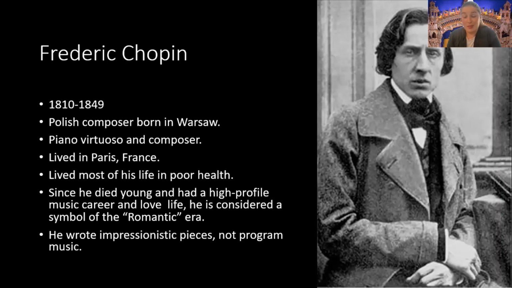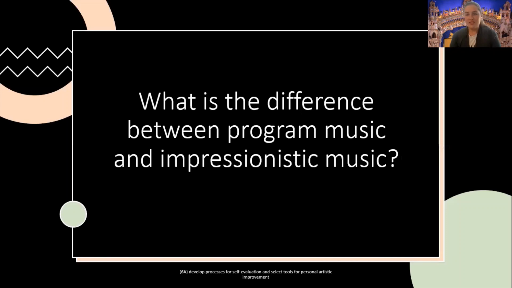That's program music, where even though the music has no words, it is meant to invoke a very specific picture. Impressionistic music was meant to give you the impression of, or the feeling of, or the idea of something, not literal. Tell me, what is the difference between program music and impressionistic music?